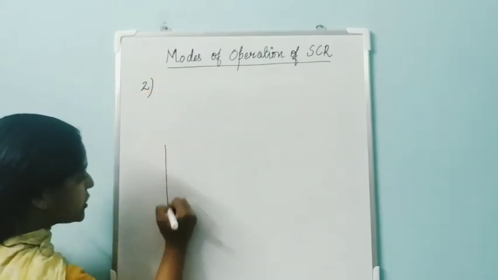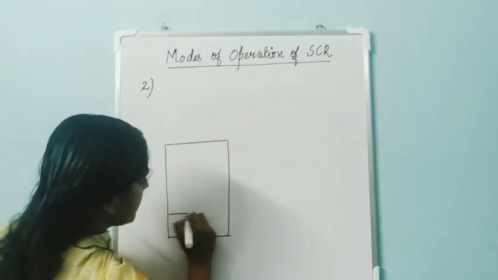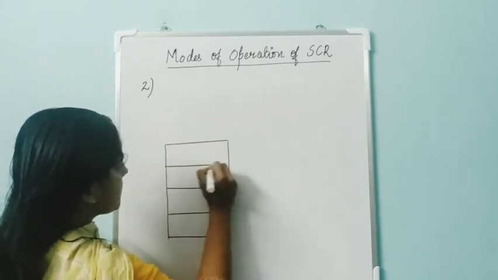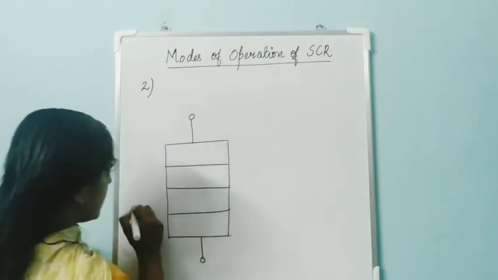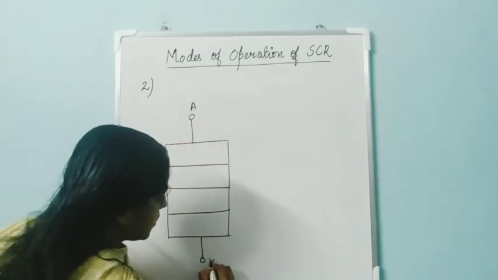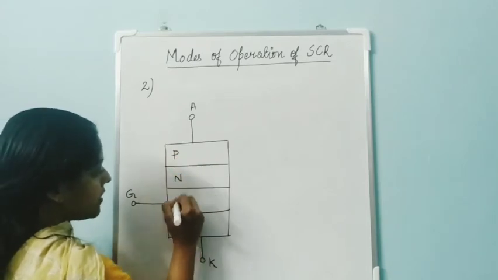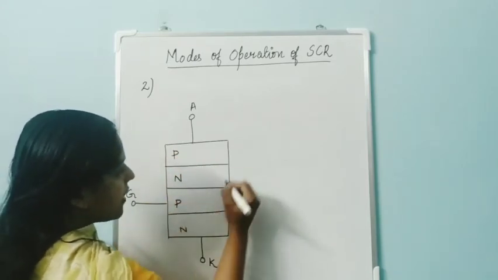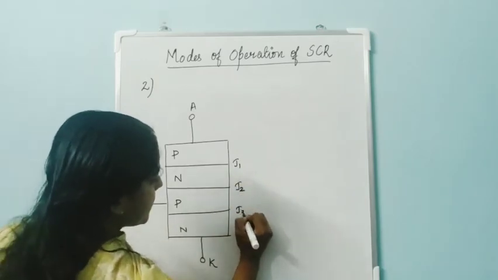Again, let's draw the layered structure of an SCR. It has three terminals: anode, cathode and gate. Anode, cathode, gate. Layers are P, N, P, N. The junctions are J1, J2, J3.